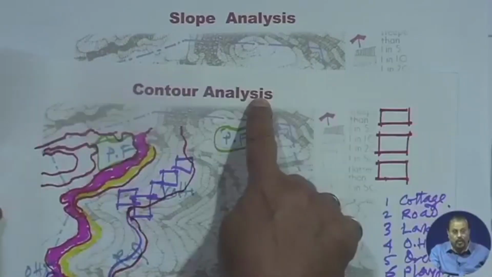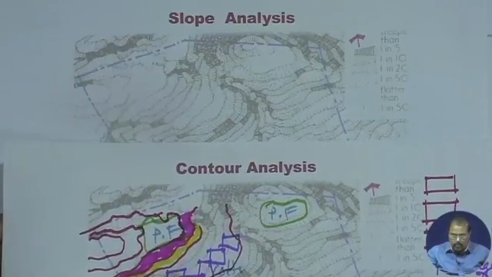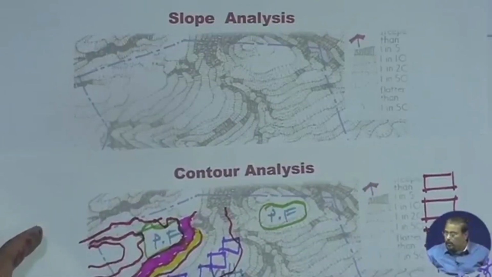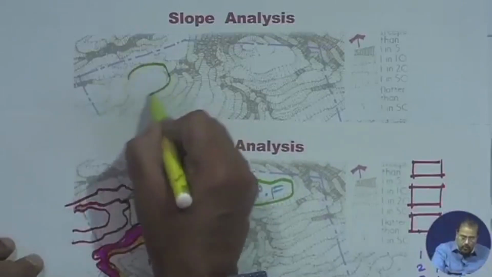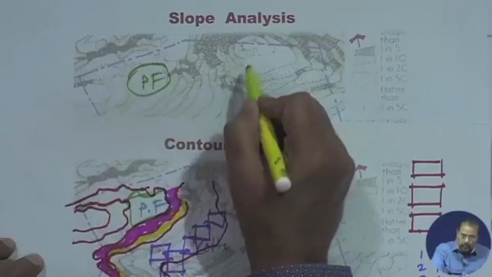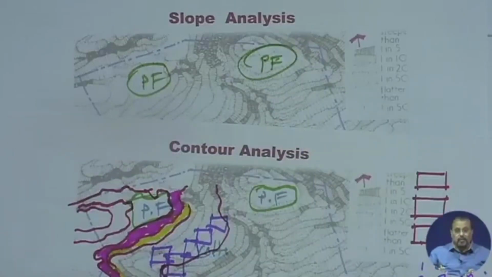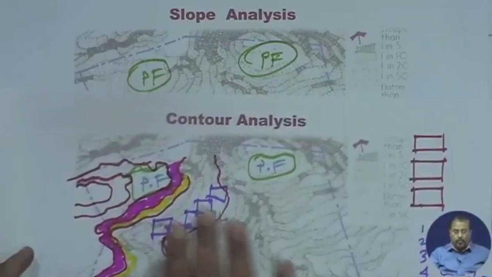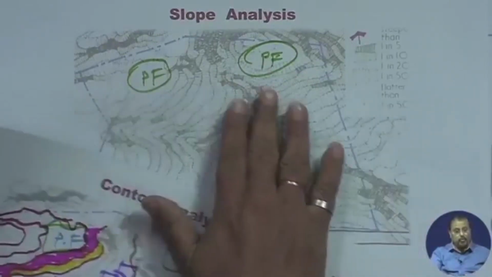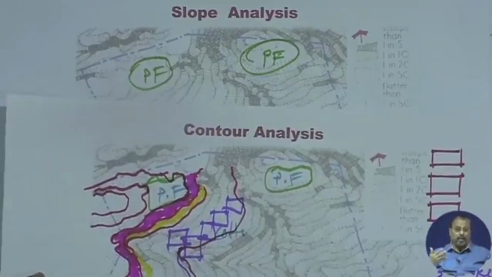In the contour analysis I have found out these two locations are good for play field, and now when I am checking with respect to my slope analysis, I still do find this portion is play field and this portion is play field, isn't it? That means when I was doing this, I never referred to contour analysis. When I was doing this analysis, I never referred to slope analysis. Now I'm comparing for our clarity of understanding.